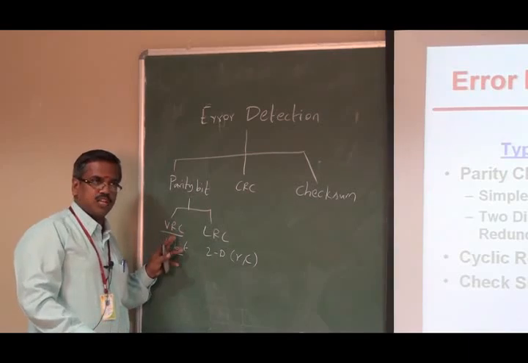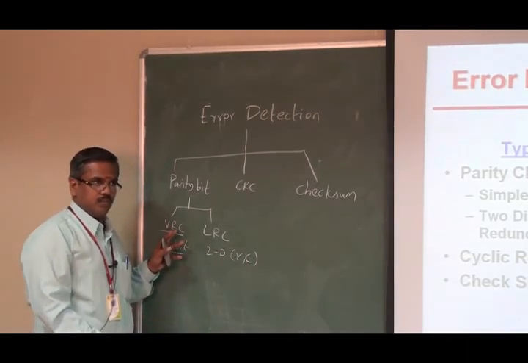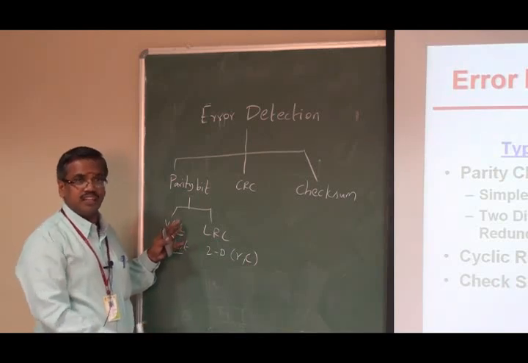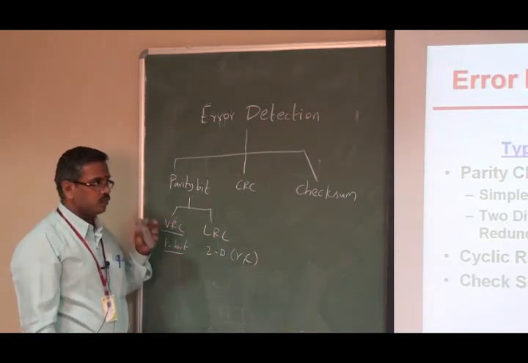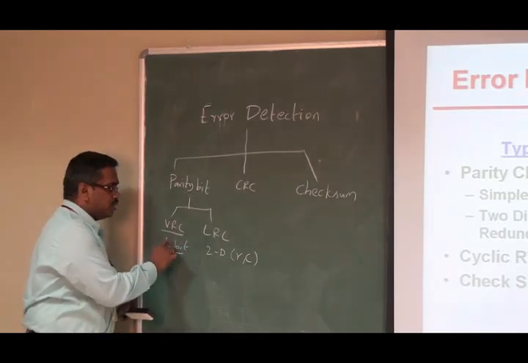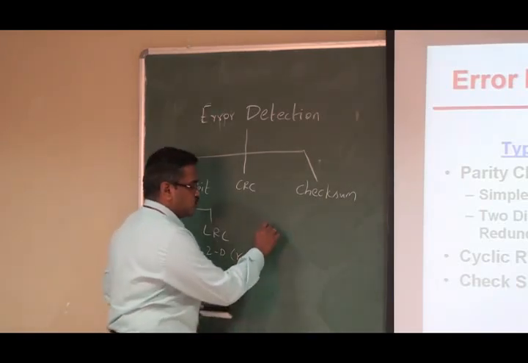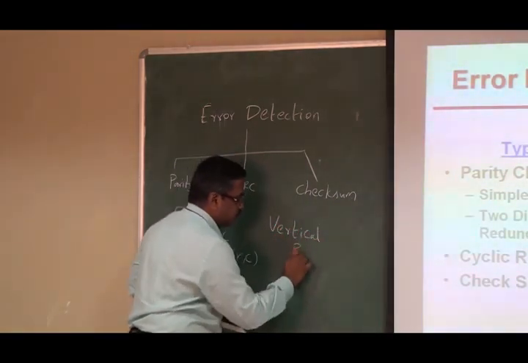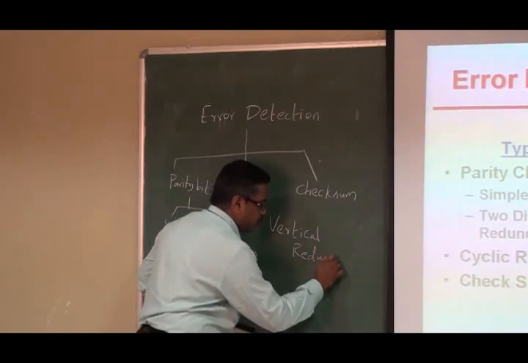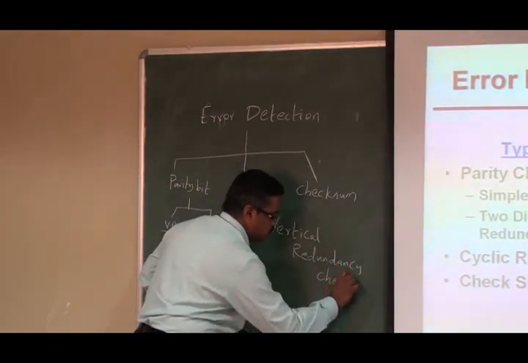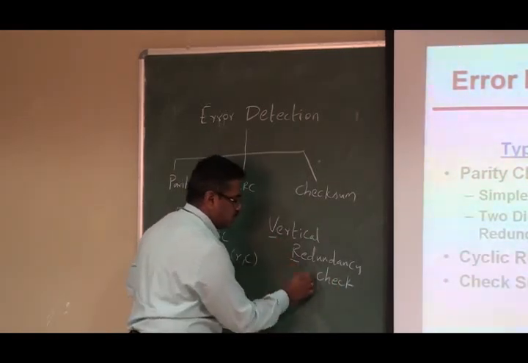But it is also possible to find burst errors, though the accuracy as well as the efficiency is somewhat less than the other techniques. This simple parity check is called the vertical redundancy check, VRC.